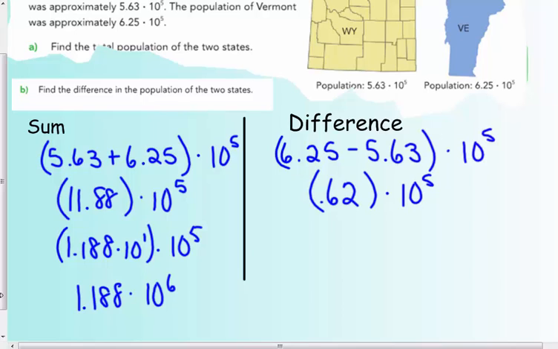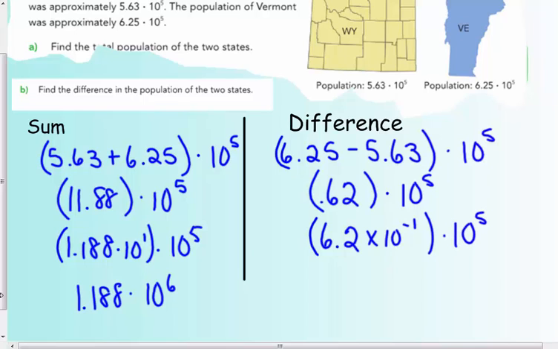Putting this 62/100ths into scientific notation would be 6 and 2/10ths times 10 to the negative 1st, because you would have to move it back to the left one to get back to the original 62/100ths number, times that common factor of 10 to the 5th.